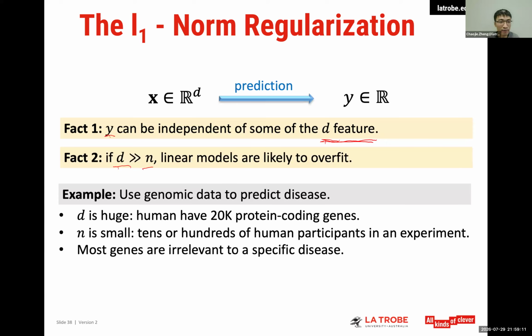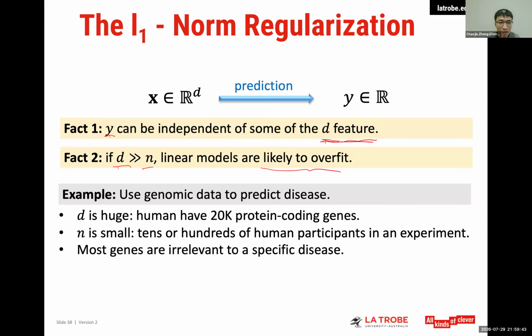Let's say for genetic data, we have more than 20K features, but for some experiments, we can only collect, let's say, 100 data samples. In this case, the number of features is much larger than the data set size, so the linear models are likely to overfit.